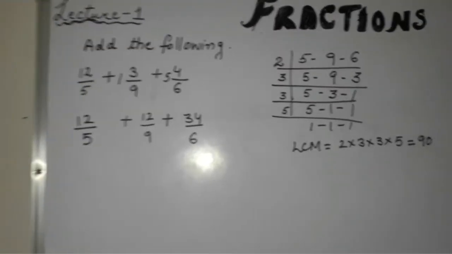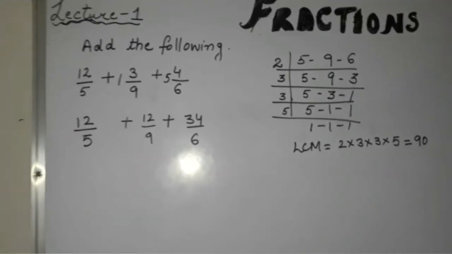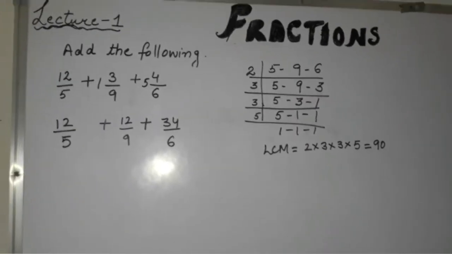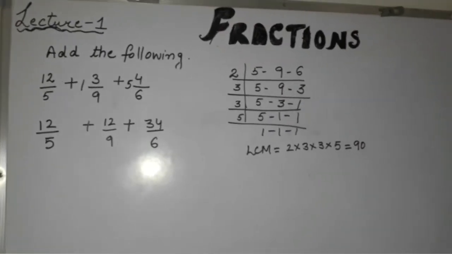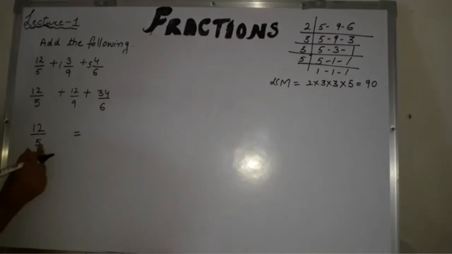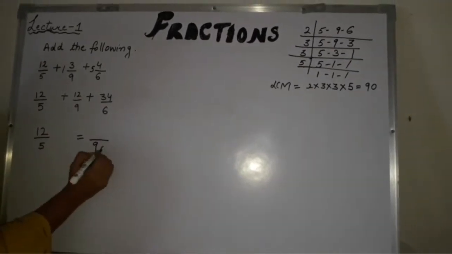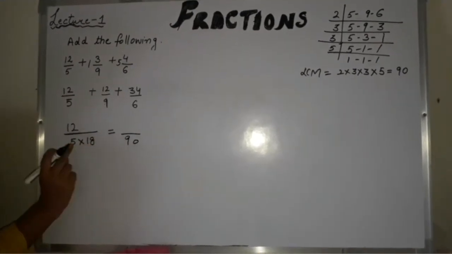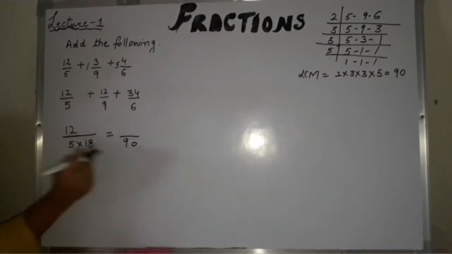Now, I will take 12 upon 5 and make its denominator 90. Now my LCM is 90, so I will make my denominator 90. I will multiply it by 18, because 18 5s are 90.